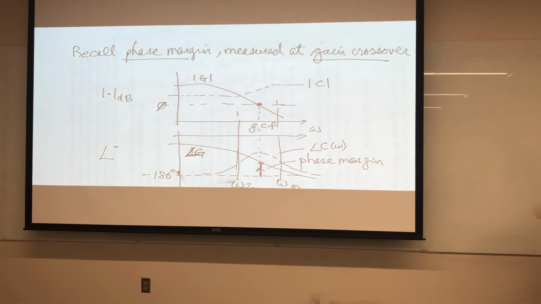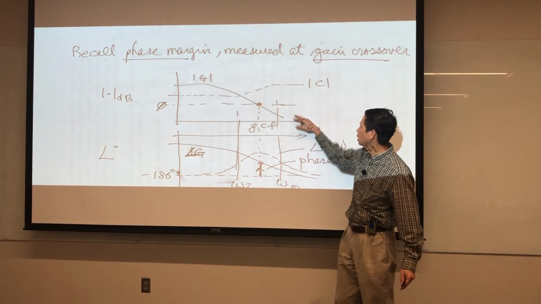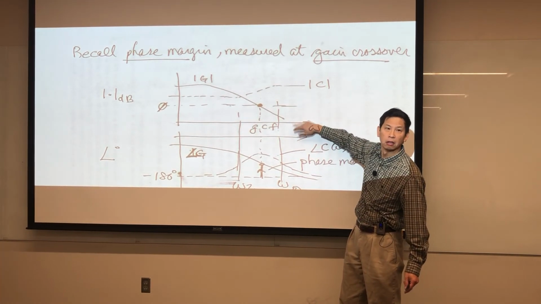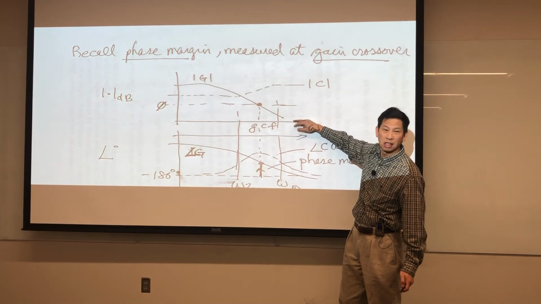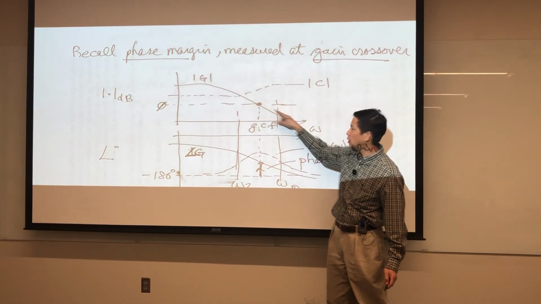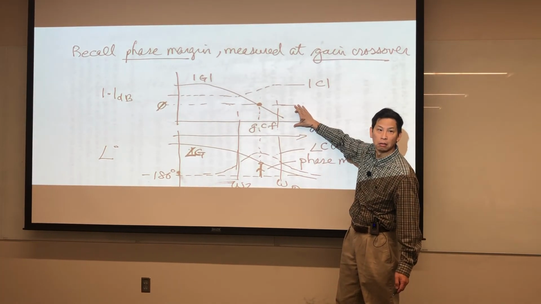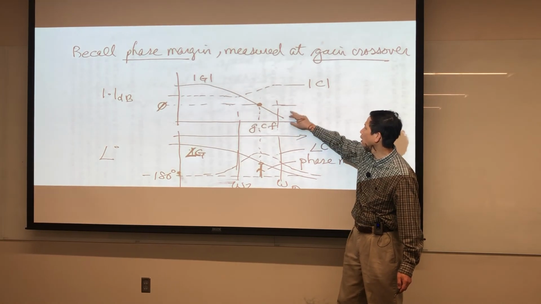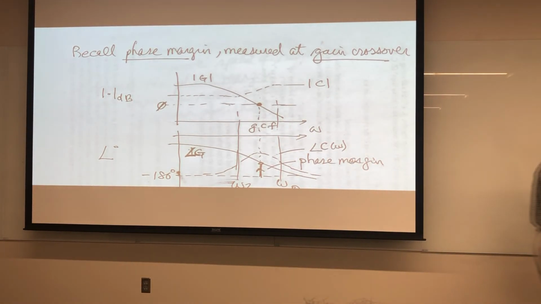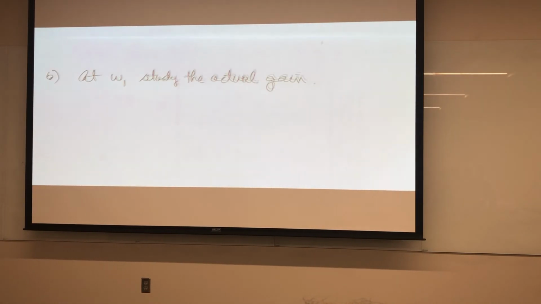Maybe I want my omega 1 to be out here. I want to increase the bandwidth. I want to make the system respond more quickly. So I said, I want omega 1 to be right here. I want this gain crossover to be out here. I said, wait a minute, the gain crossover is here right now. I want it to be here. So that means I don't have enough gain. Okay, so I study the actual gain and see what is the deficit. Sometimes it's a deficit, sometimes it's too much. Study the actual gain.